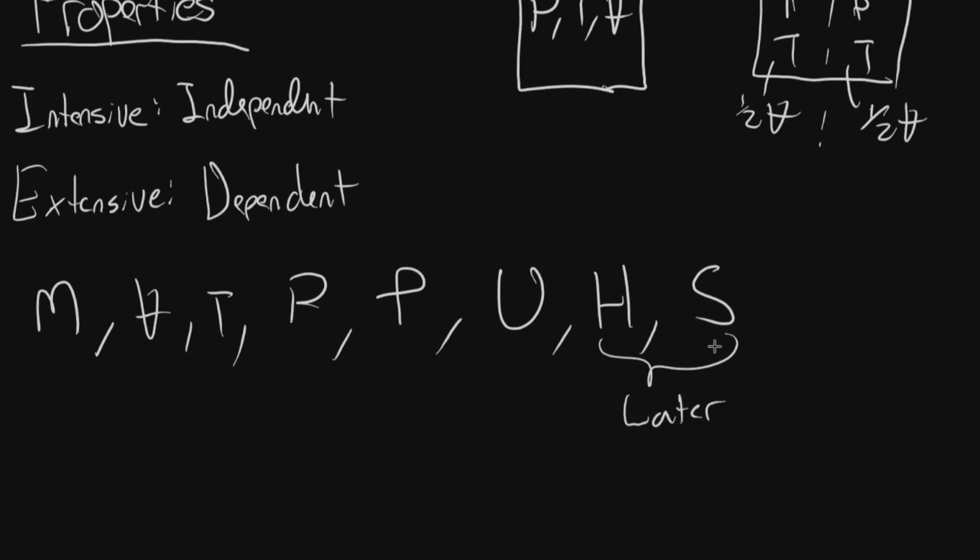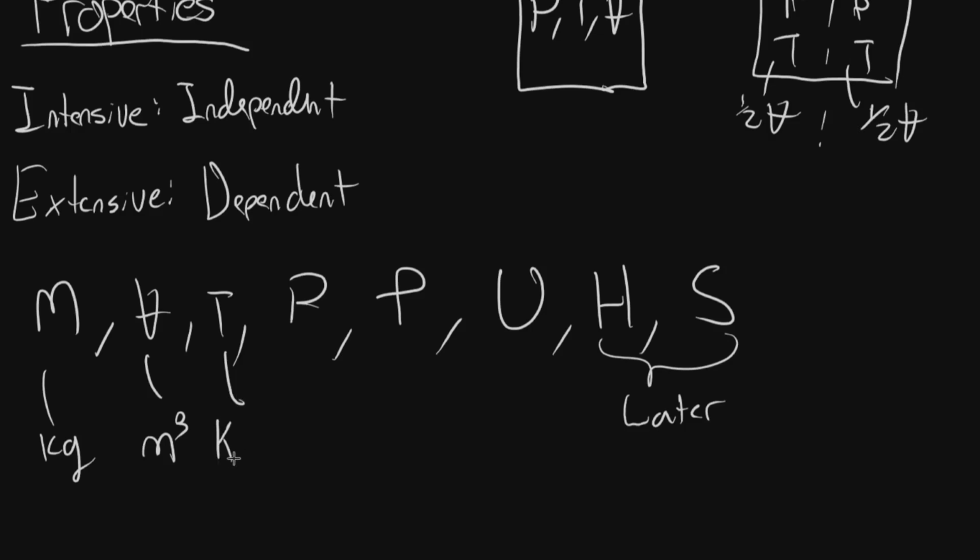But basically, there's lots of ways that we can describe our system. Mass is just how much stuff there is. The unit we have is kilograms. Volume is basically how much space it takes up. So it's meters cubed that we use. Temperature is the average kinetic energy of all of the particles that are internal to our system.